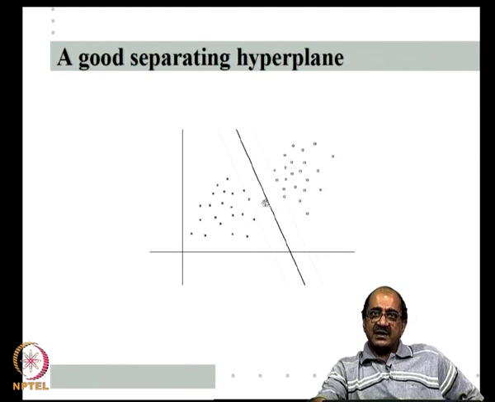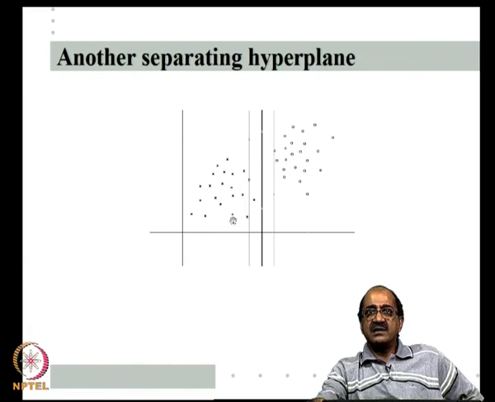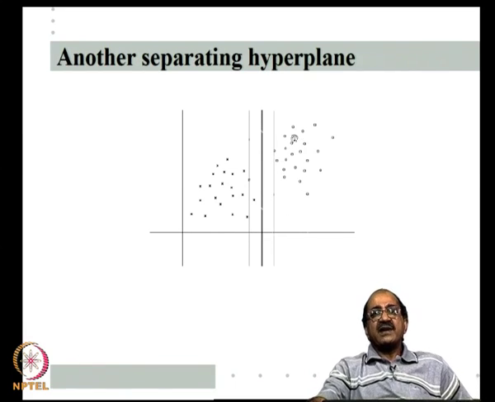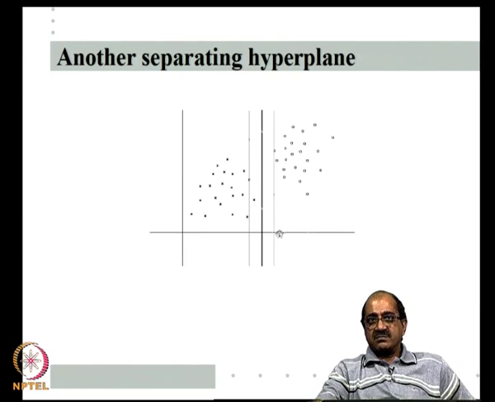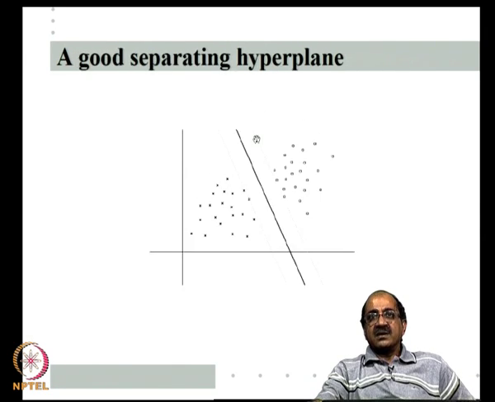But another way of seeing it is, you can see the nearest patterns on either side of the hyperplane are so far apart for this hyperplane, whereas for this hyperplane, the nearest patterns are much closer to the hyperplane. So, this hyperplane is making more commitment about unseen parts of the space compared to this hyperplane.